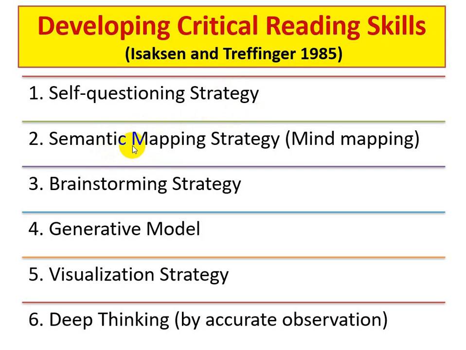Number 2, try to draw a mind map for the text or for the work, just to illustrate the major ideas, the secondary ideas, etc. And this is called the semantic mapping strategy, just to draw mind maps for the work.